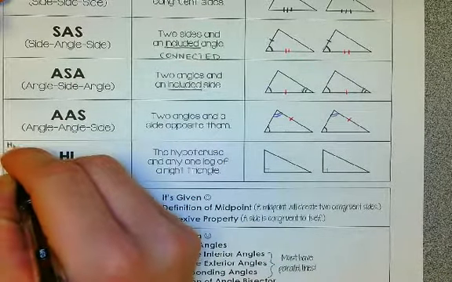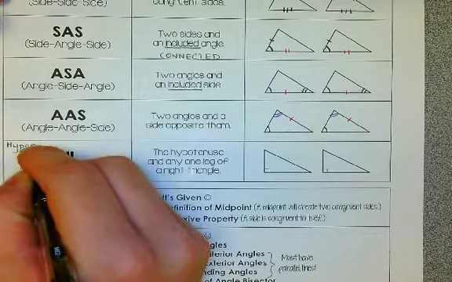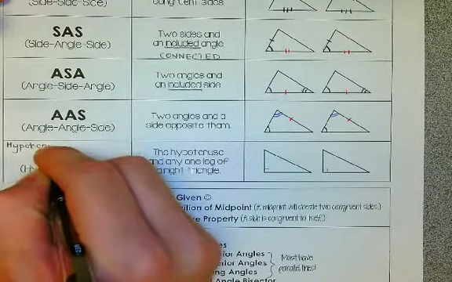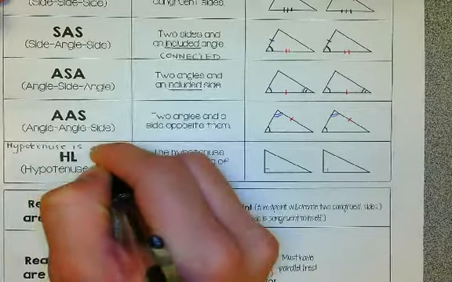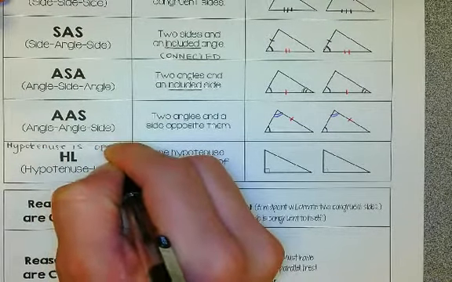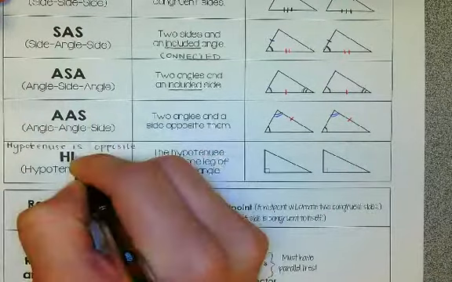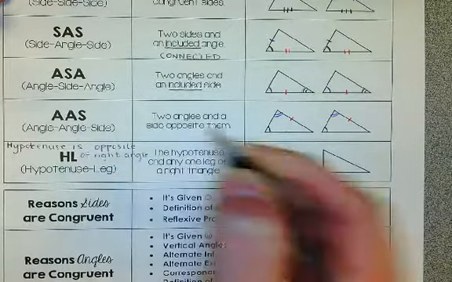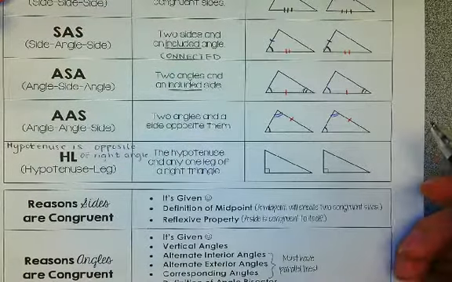In both pictures, there's a right angle. If I just draw a dotted line across from the right angle, this is our hypotenuse. Hypotenuse is always labeled with a capital H. So capital H represents hypotenuse.